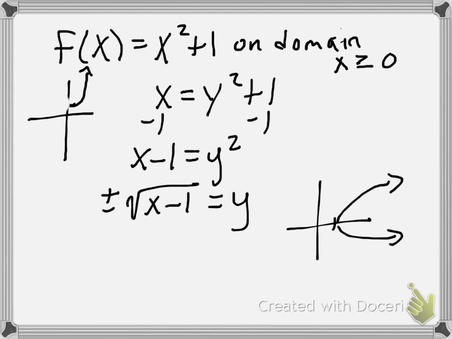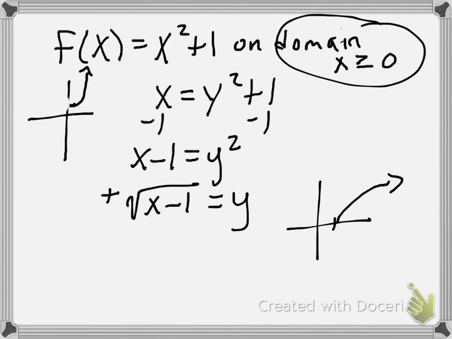That's where this comes into play: the domain of my original function becomes the range of my inverse. So my range, or y values, have to be greater than or equal to 0, which means it's only going to include this top one, because that is the only one where my y's are greater than or equal to 0. So that means that is my inverse. It's going to be the positive in this case. That's that one right there. So there is my inverse function.